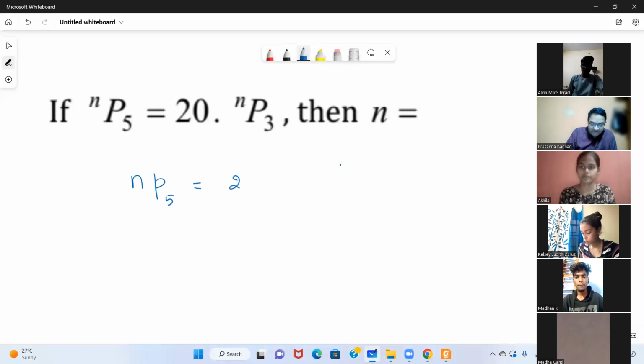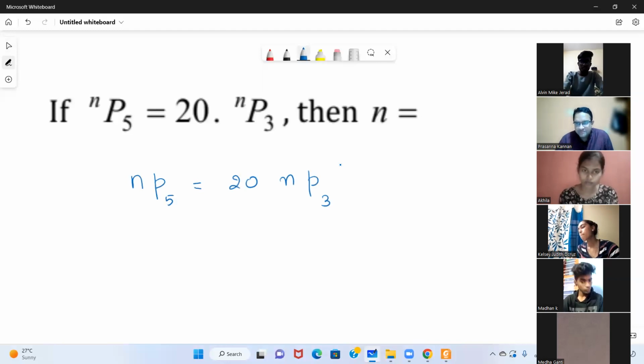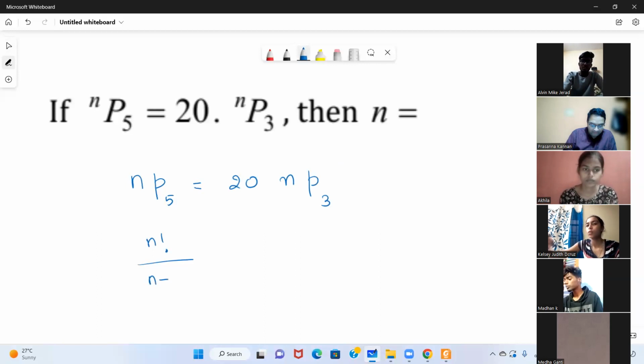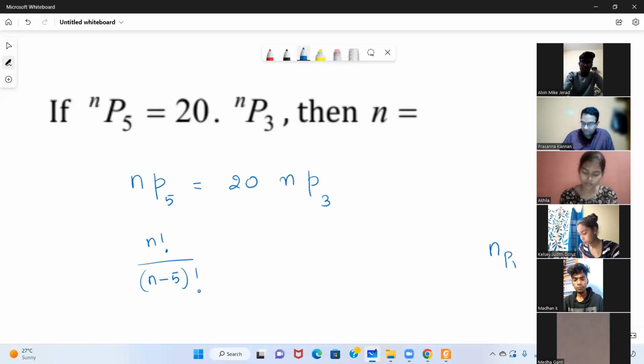nP5 is equal to 20 times nP3, right? How can I write nP5? What is the formula for nPr? n factorial by n minus r factorial.